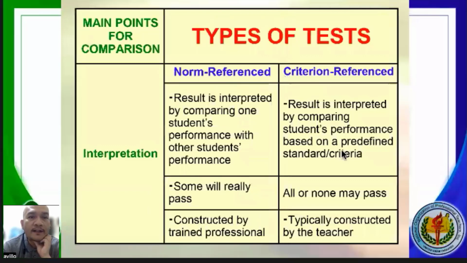Norm reference and criterion reference. Ito, parang sa ano din ito? Parang sa standardized and informal. Kasi based on interpretation lang to. Yung norm reference, you are comparing one student performance with other student.